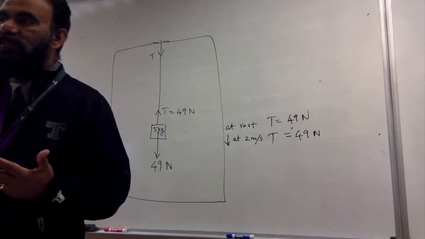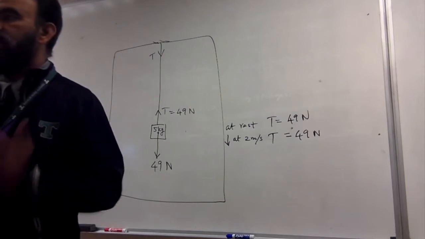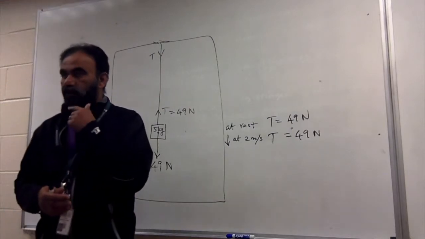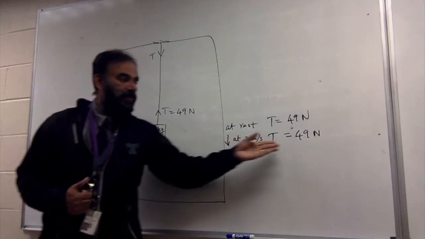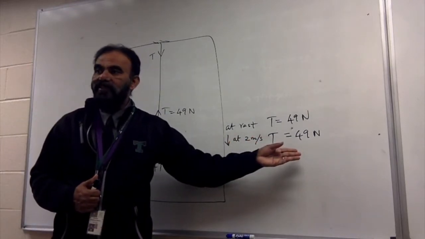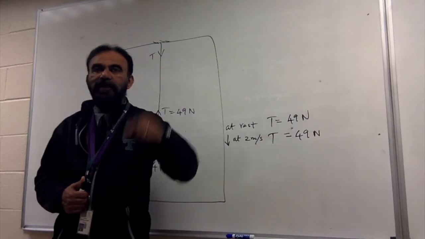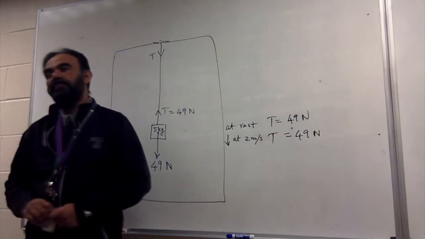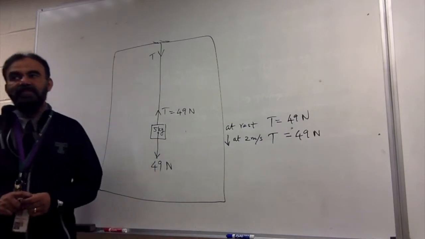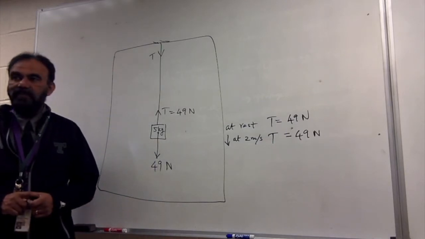Nothing changed about it. Can you be more precise? You have to make a proper conclusion. Yeah, you made a conclusion that it's 49. This is the right answer. But now tell me what made you conclude that it is 49? Very simple. Yes. It's not moving relative to the tension.